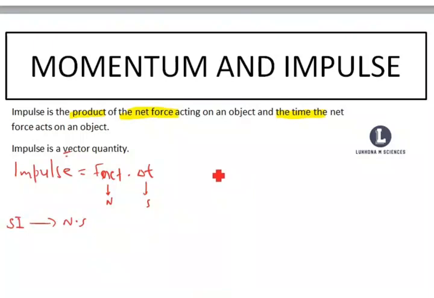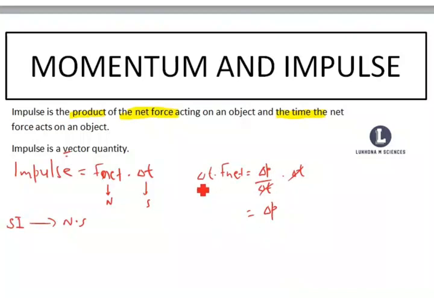So if you still remember, we said Newton's second law in terms of momentum, net force is equal to the rate of change in momentum. Now if you cross multiply here, let's say you multiply by time this side and this side, this cancels that, we get the change in momentum.